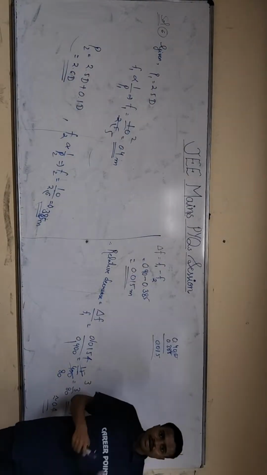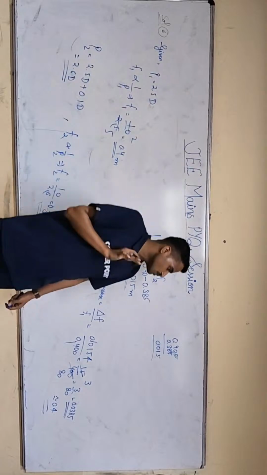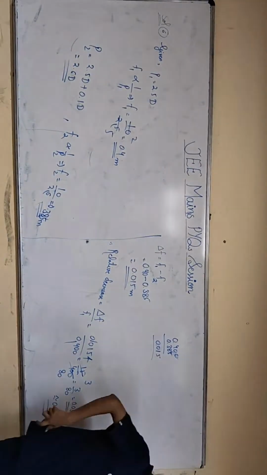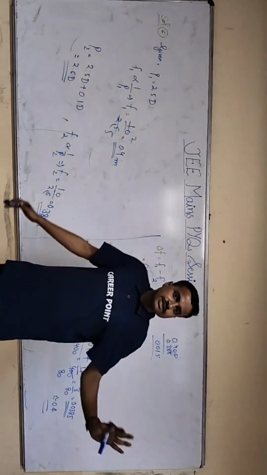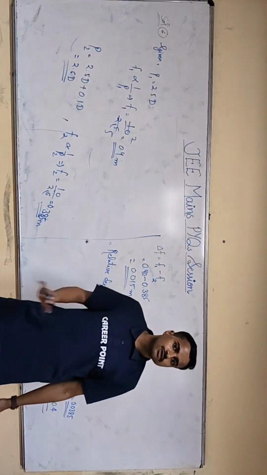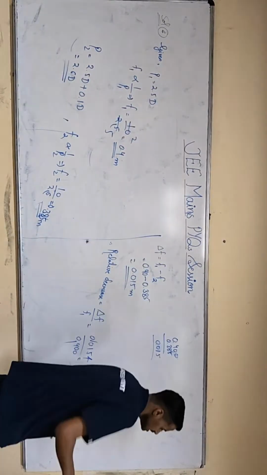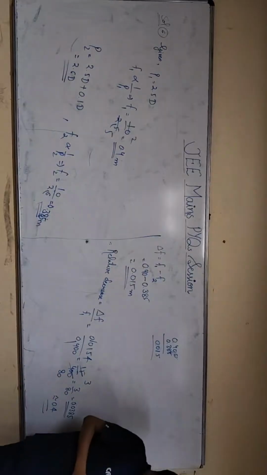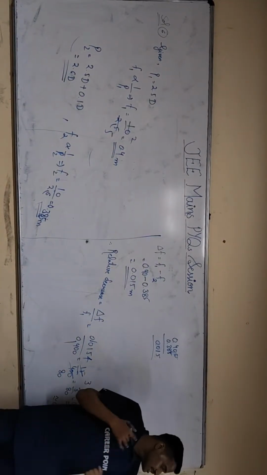But let me revise all this concept again. In this question, we have two values of power, P1 and P2. P1 is clearly given, but P2 is not shown in the question. We have to find P2 because the question asks for the relative decrease in focal length for an increase in optical power.